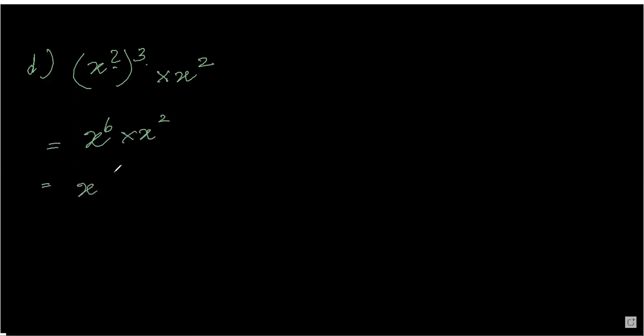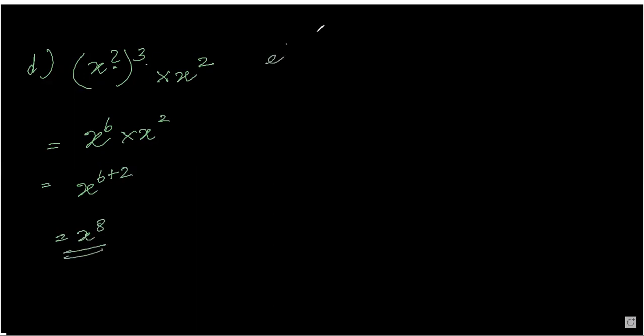D. X to the power 2 to the power 3 into x to the power 2. X to the power 2 times 3 is 6, into x to the power 2. X to the power 6 plus 2, x to the power 8.